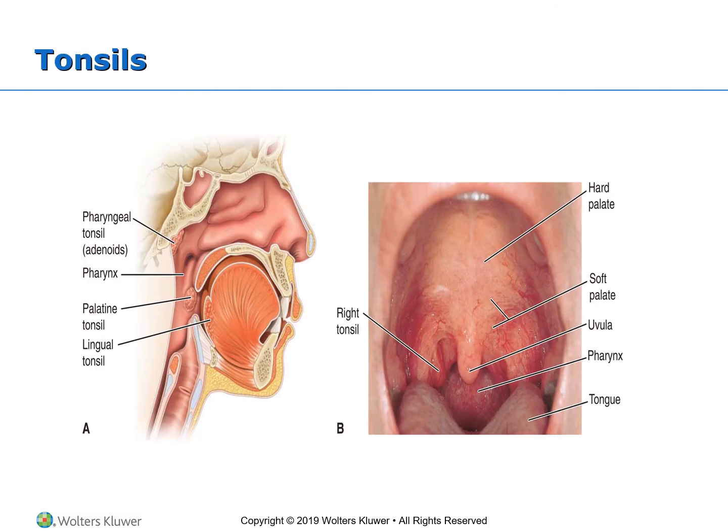Now let's discuss this a little bit. The tonsils are unencapsulated, so they do not have a capsule, masses of GALT, gut-associated lymphoid tissue, and they are located in the vicinity of the pharynx, in the throat, kind of surrounding the main gate through which our body may encounter pathogens.